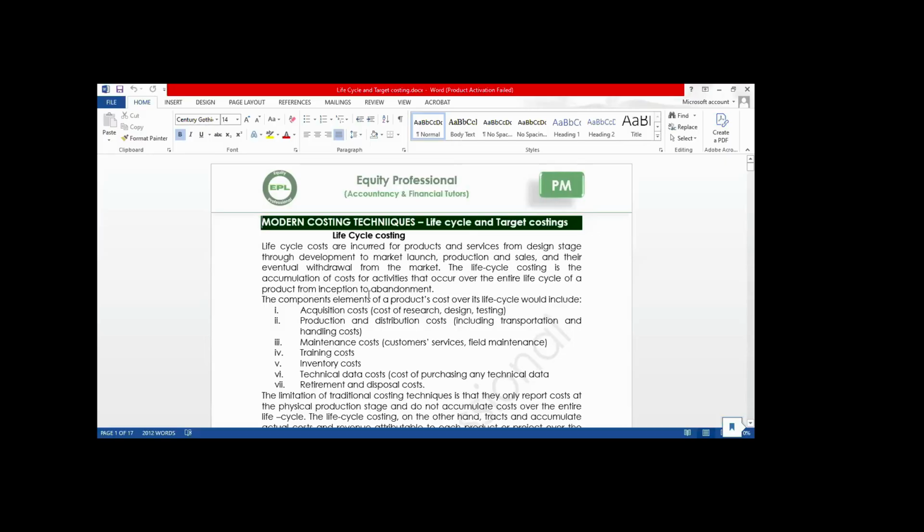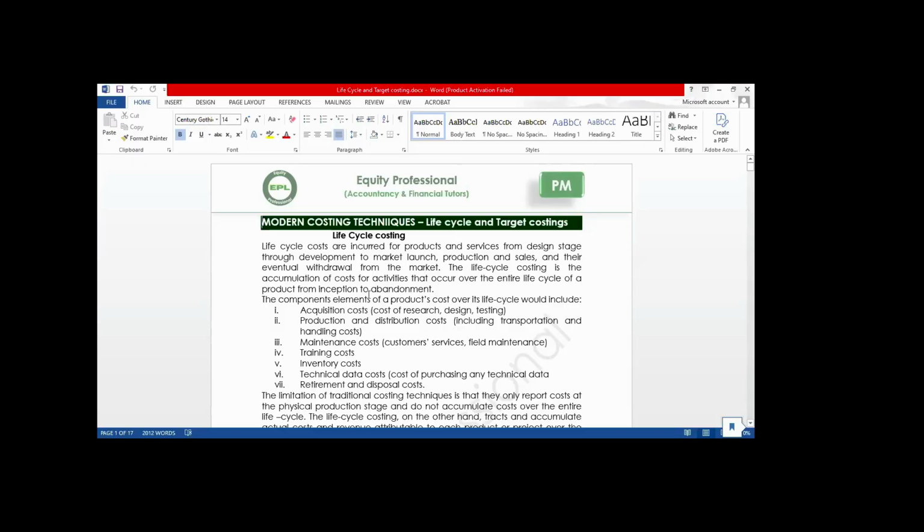You are going to accumulate costs on products from the point the product idea was conceived up to the point the product will be retired and withdrawn from the market. Costs will be accumulated throughout the product life cycle.